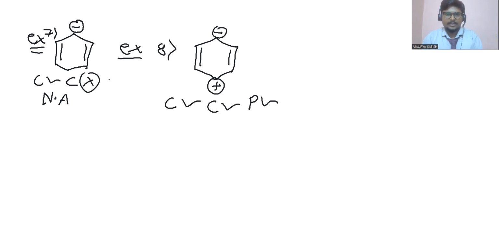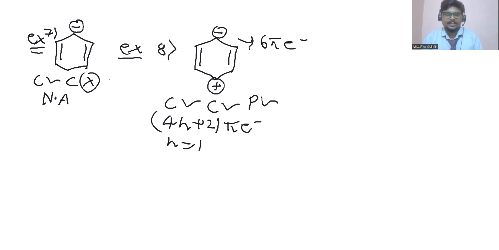How many electrons are there? 2, 4, 6 pi electrons. That means it satisfies 4n plus 2 pi electrons. If you put n equals to 1, you'll get the 6 pi electrons, so obviously it satisfies all the rules, so it is aromatic. Okay, so move to the next example.